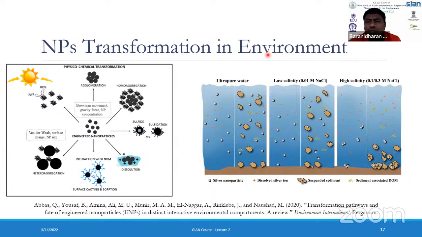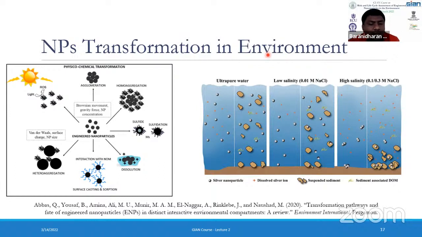Because these two meet at one specific place, all the particles, because of the high ionic strength and the coagulants, react and settle down at that place. So this is how these deltas are formed. In a similar fashion, ionic strength plays a vital role.